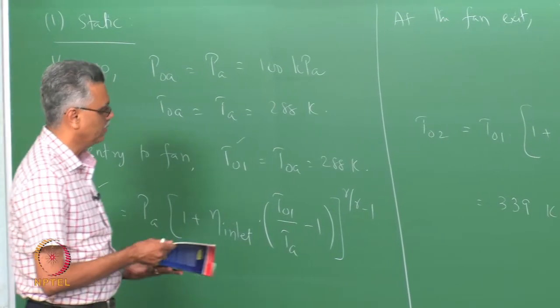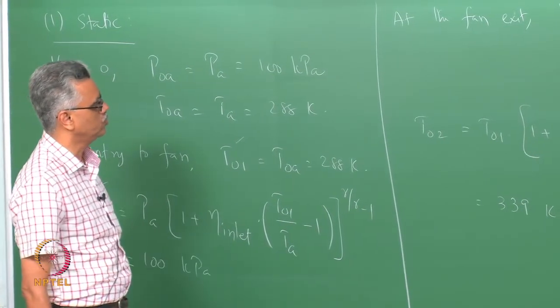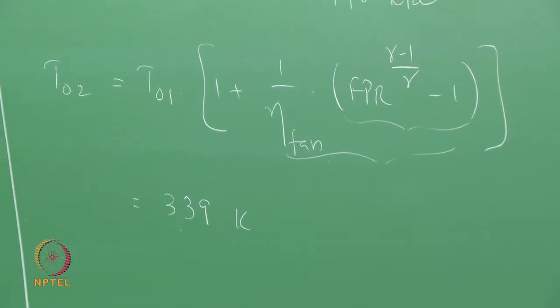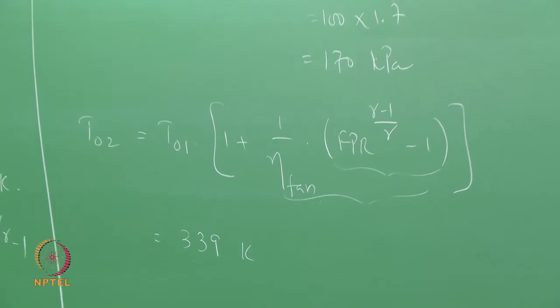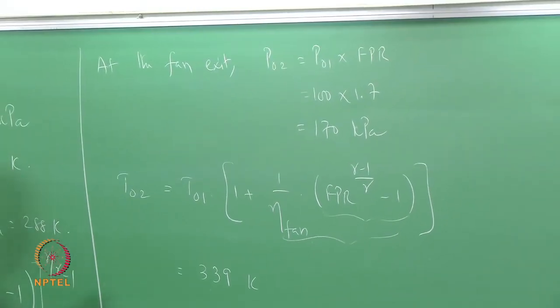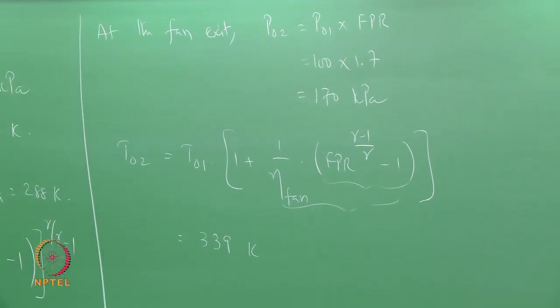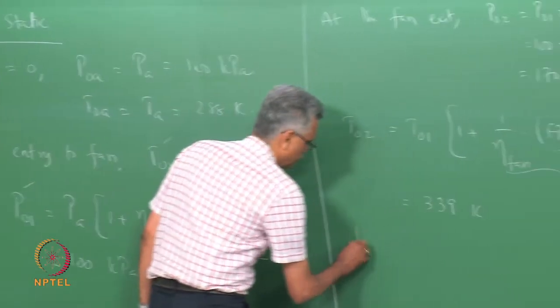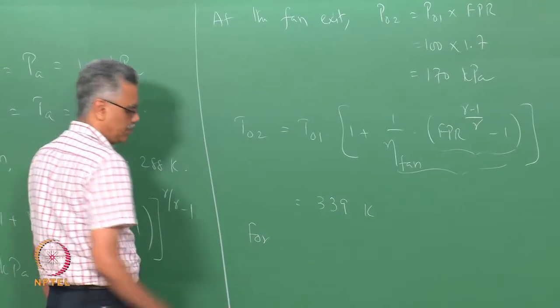Okay, so now we have P02 and T02. So let us go ahead and complete the fan nozzle also. For the fan nozzle, once I know P02, I can calculate the critical pressure for the fan nozzle.